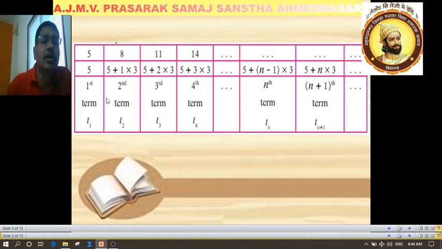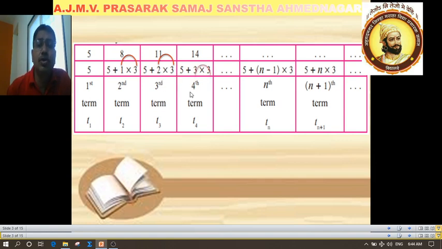table. See, first term is 5. Second term T2 is obtained by adding one time common difference. That is 5 plus 1 time 3. Similarly, third term is obtained by adding common difference 2 times in the first term, 2 times 3, so 2 into 3.